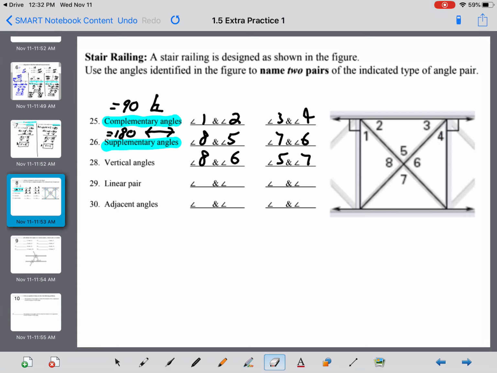Okay, so there's your verticals. Linear pairs, meaning they make a straight line. Well, wouldn't those be the same as your supplementary angles? Linear pairs and supplementary are the same. So we already know these answers: 8 and 5 and 7 and 6. Same as 26.